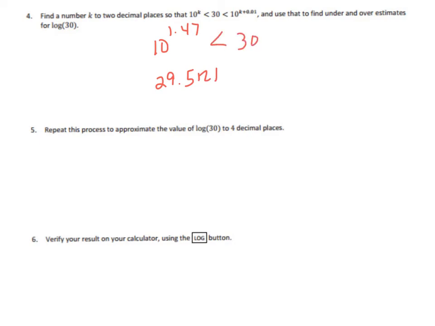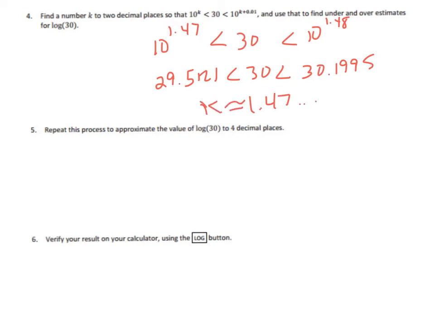That's where 30 is between, and 10 to the 1.48, which is 30.1995. So now we know we're definitely in that range, so k is 1.47 something.